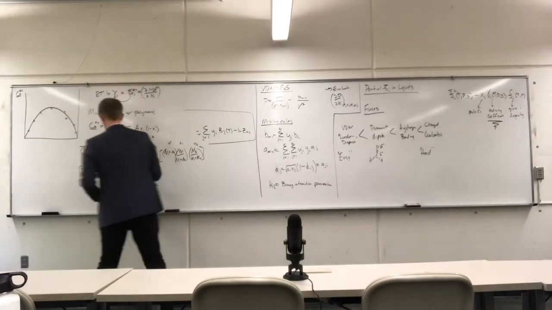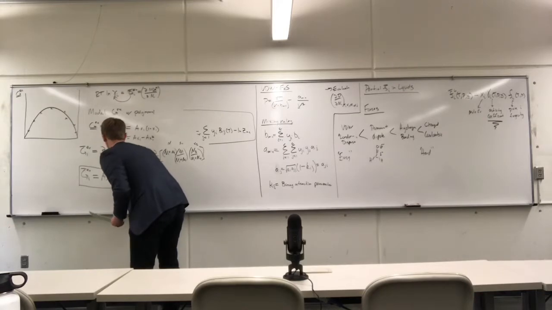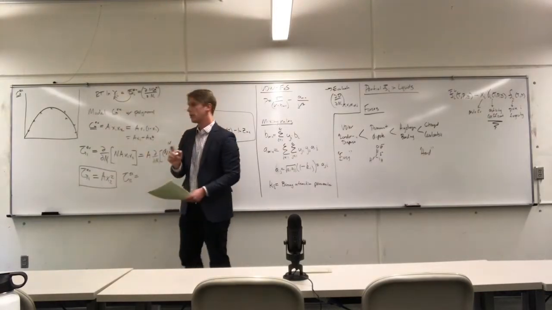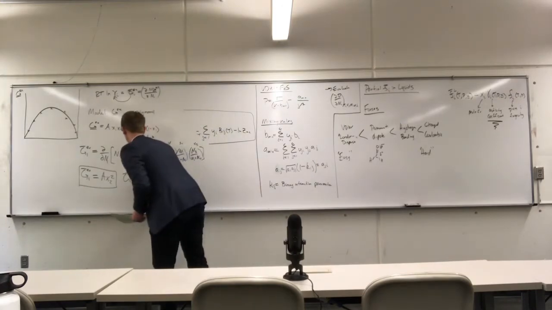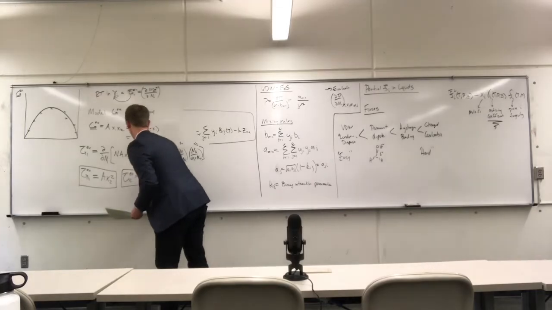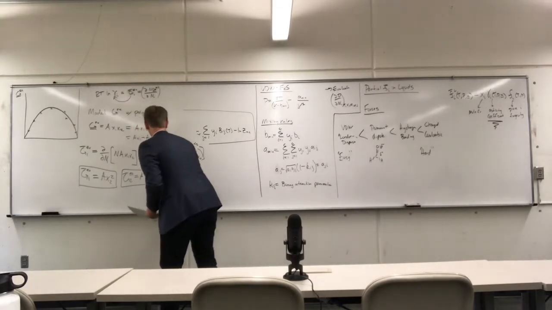And likewise, if we repeat this for the other side, or we just apply the Gibbs-Duhem equation, we get the second one. This is called the one constant Margules.